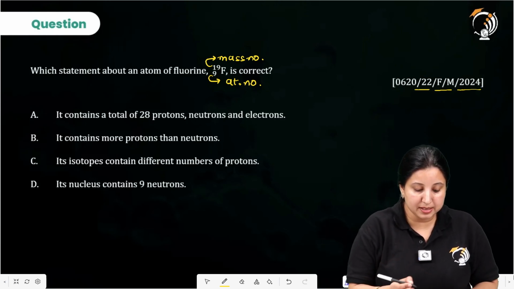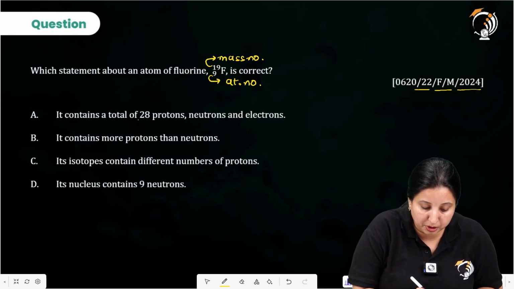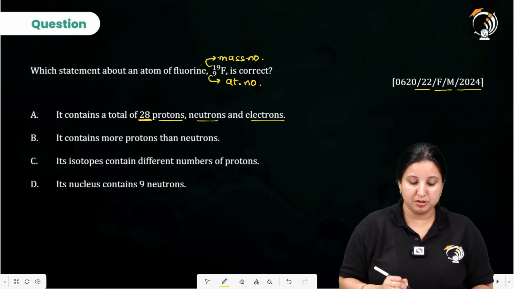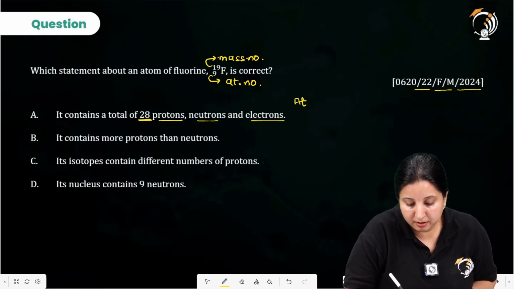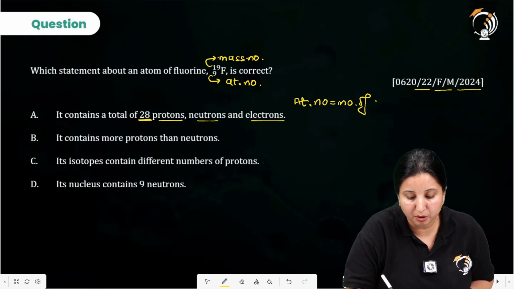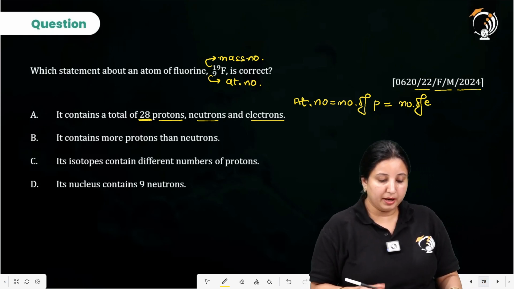The first option is saying it contains a total of 28 protons, neutrons, electrons. So let's see over here. We have learned that atomic number is equal to the number of protons, which is equal to the number of electrons. Okay.